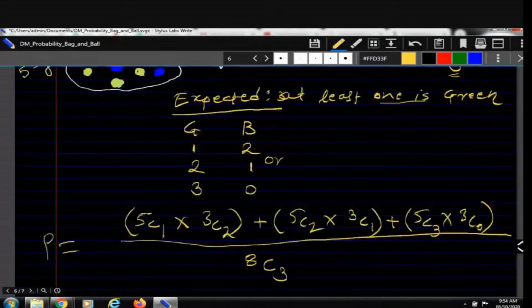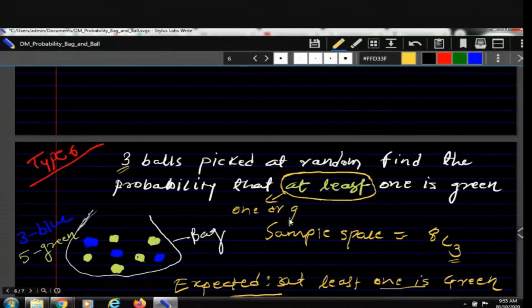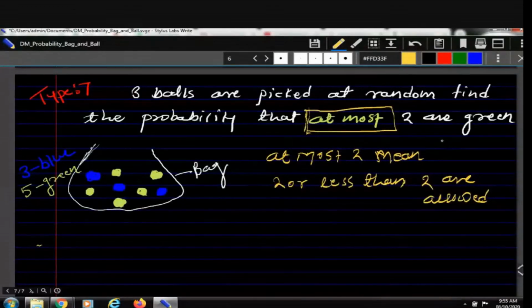And at least means one or greater than one is allowed. Here you have to select at least one green ball, so one or greater than one will be allowed. And here you have to select at most two green balls, so two or less than two green balls are allowed.